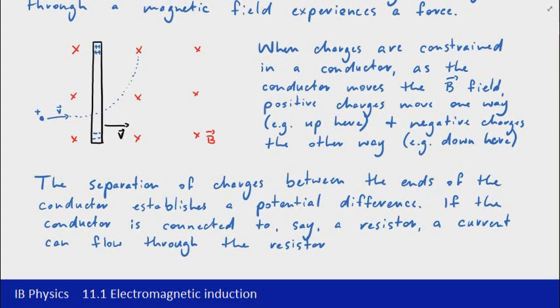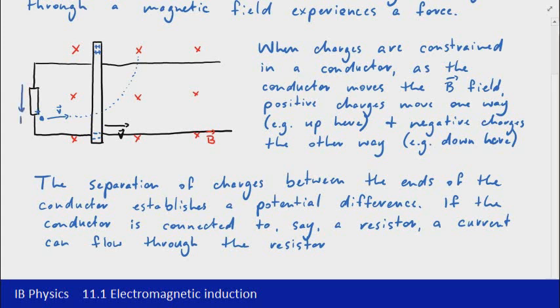Out to the side here you have a metal rail that is stationary, with a resistor positioned here, and the conductor can then slide along that rail. So the conductor is still moving to the right. That will then establish a current through that resistor. So a current can now flow that way because all of these positive charges can now move through the conductor itself, and therefore through the resistor.